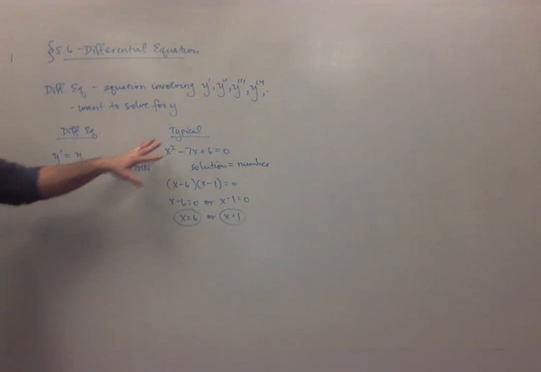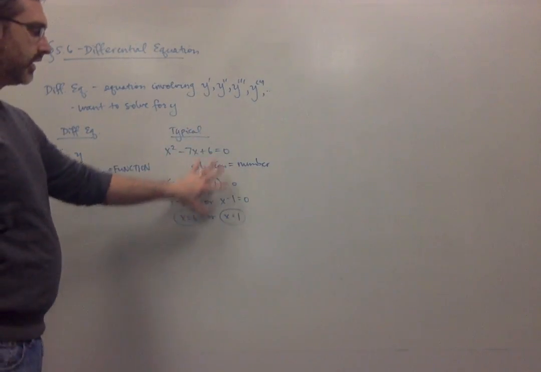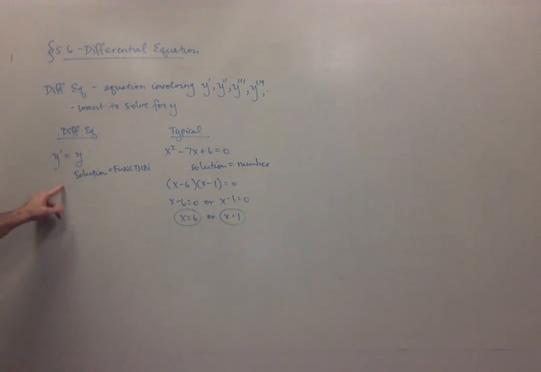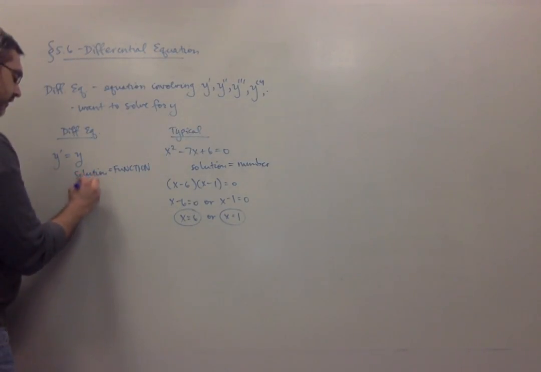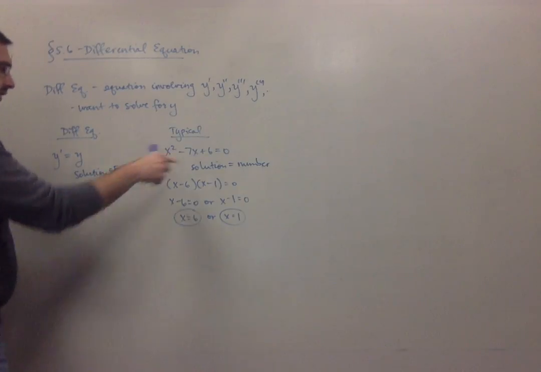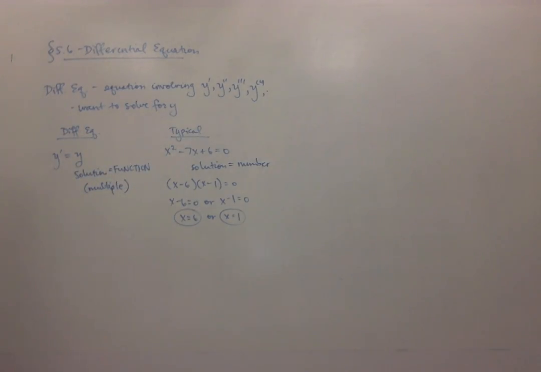One thing that you'll notice is that when you solve these numerical equations, you can have multiple solutions. The same thing can happen for differential equations. When we solve them, and we'll get into how to solve them, we can have multiple solutions here, just like you have multiple solutions when you're solving a typical numerical equation.